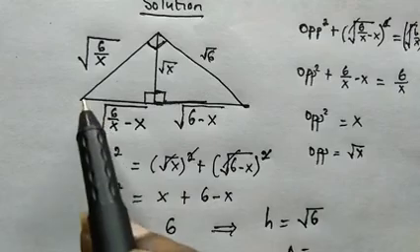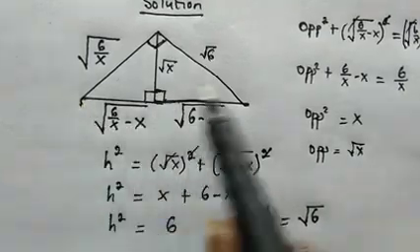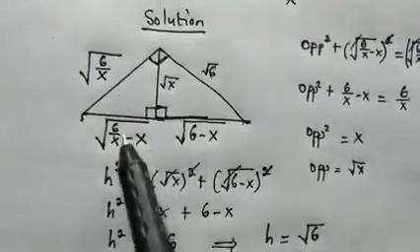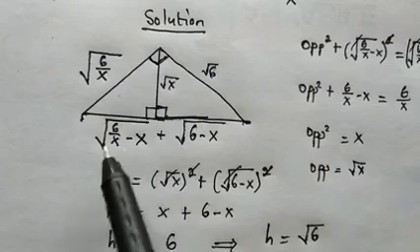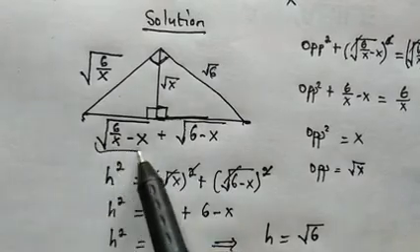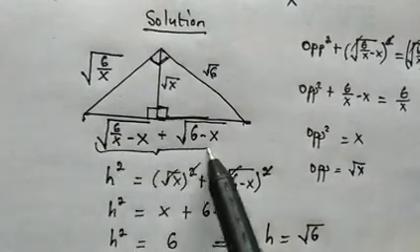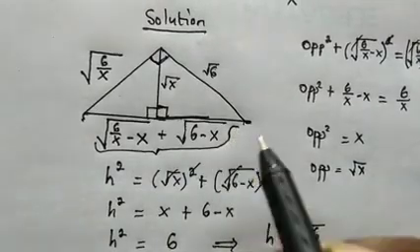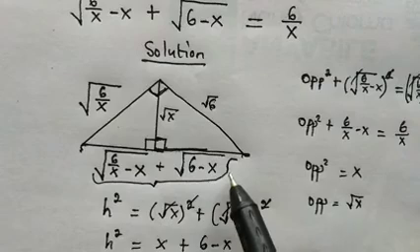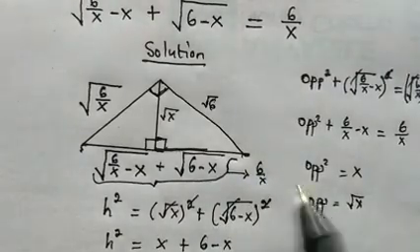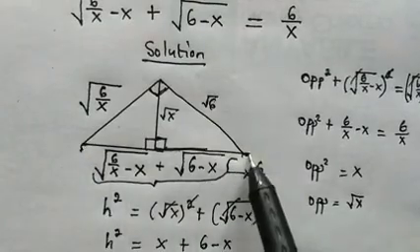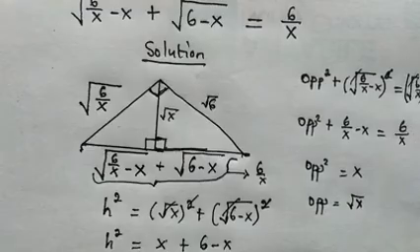Remember that this length here is going to be the sum of these lengths, right? And we know the sum of these lengths from the original equation is the right hand side, and the right hand side is 6 over x, which means from here to here is 6 over x.